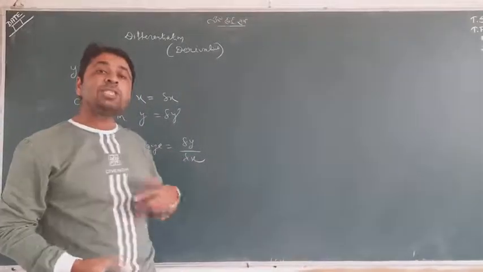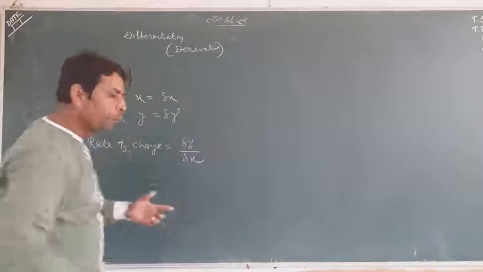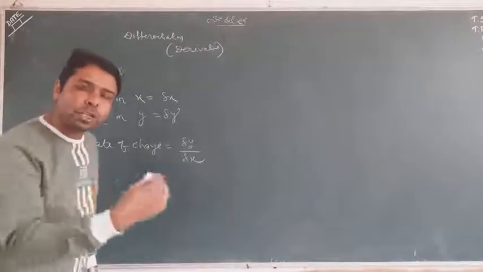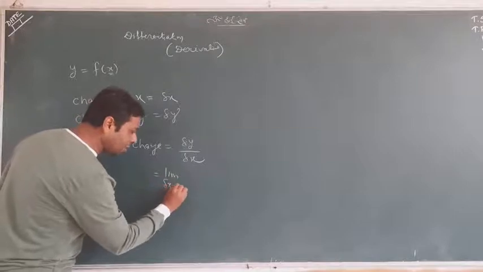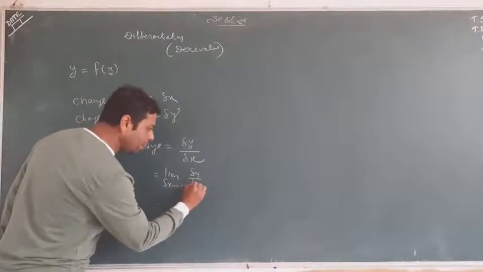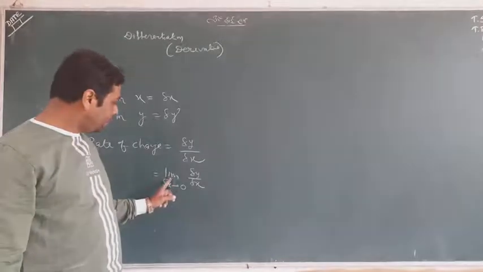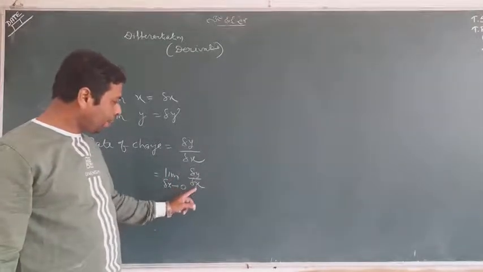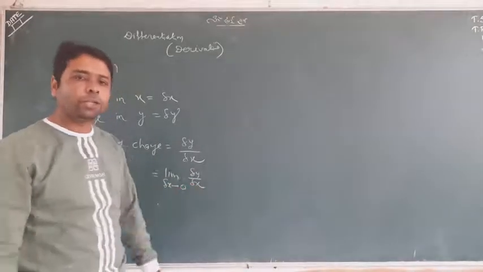When del x goes very small, that can be obtained by del x tends to 0, del y by del x. Try to understand that: limit del x tends to 0, del y by del x. This is the meaning of differentiation.